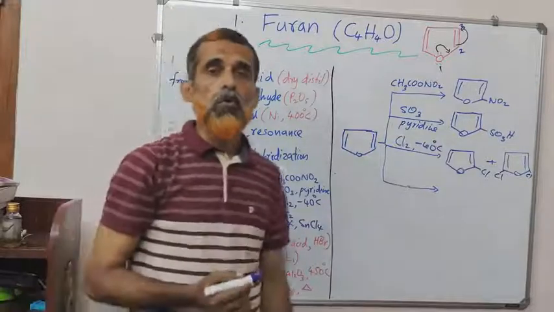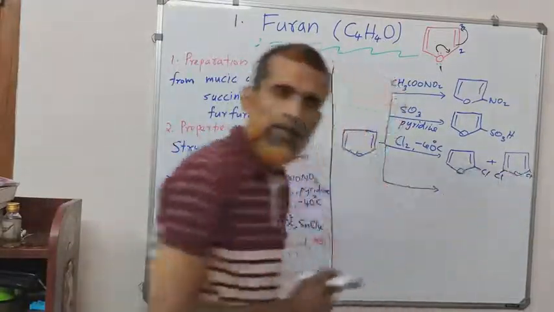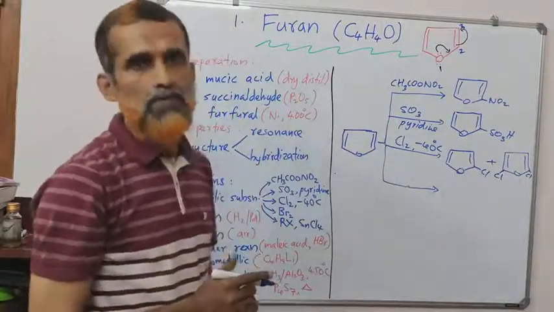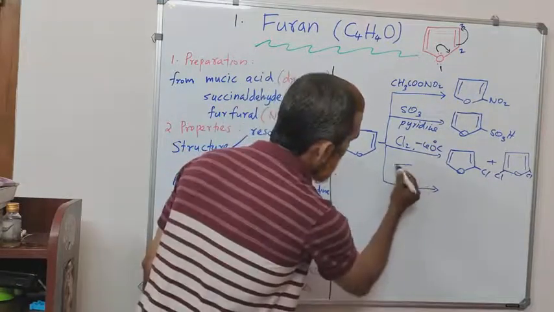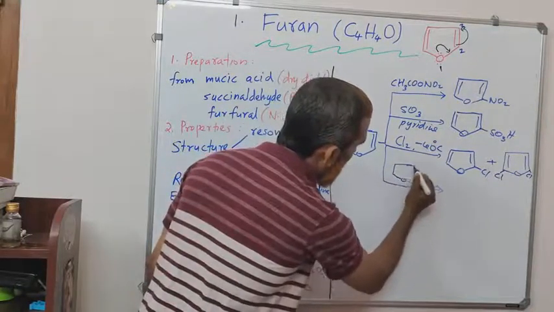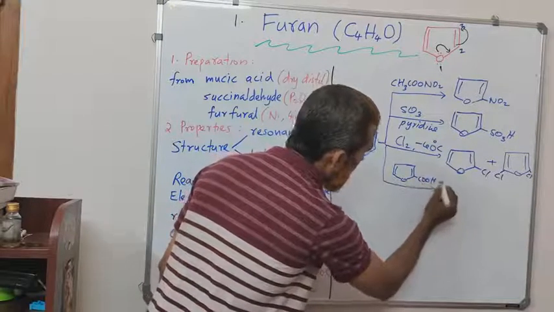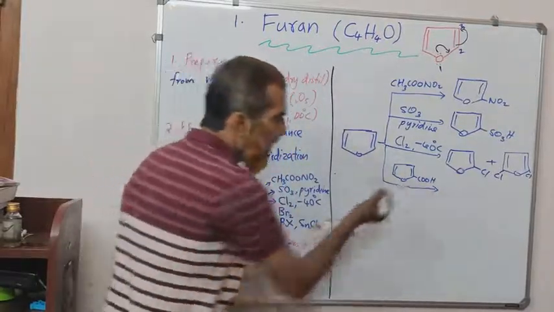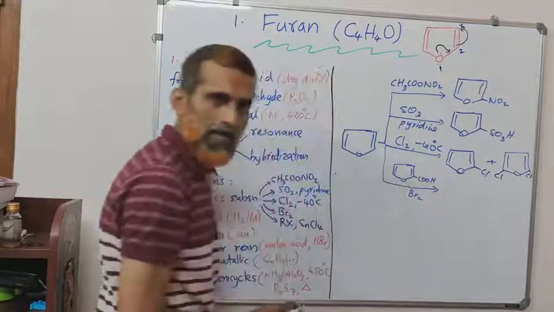Coming to bromination. Here, see a question. If you do bromination also, you get this mixture. So how to get a mono-halo derivative? The idea is, in that case, not furan, you take this compound. Okay? What is this? This is furoic acid. So one position is blocked. Now you brominate it. You know what happens?